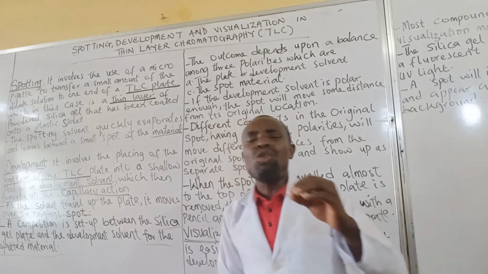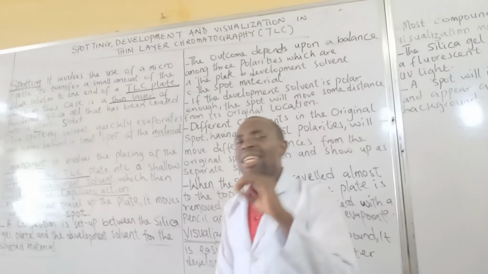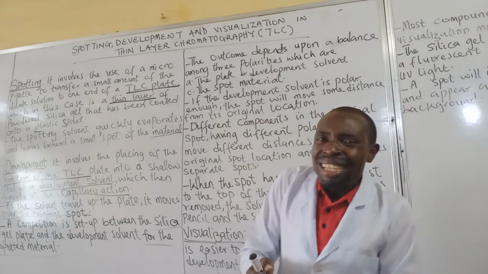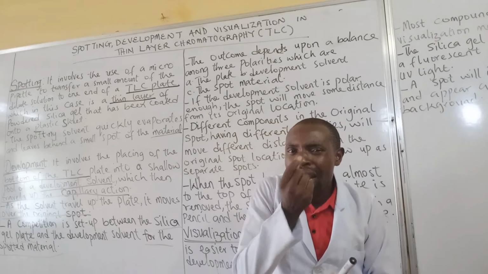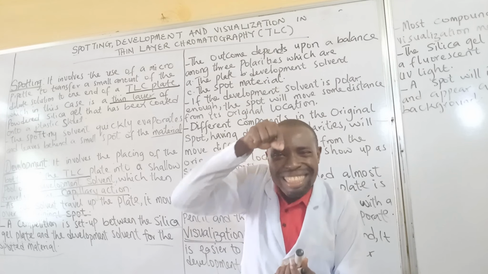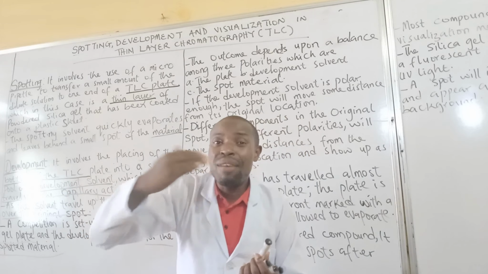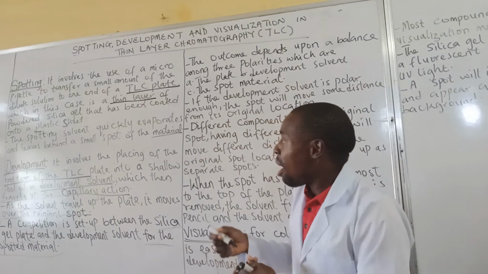That will now take us to the second step, which is the development step. In the development step, the thin layer chromatographic plate is placed in the development solvent, by what now?